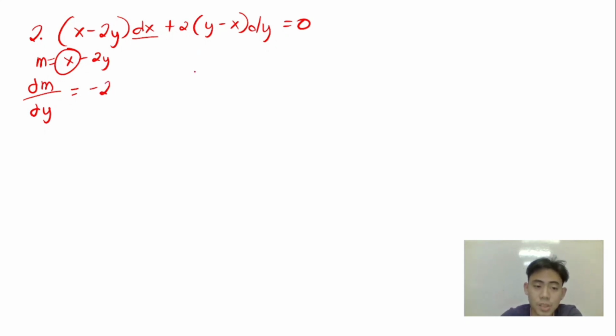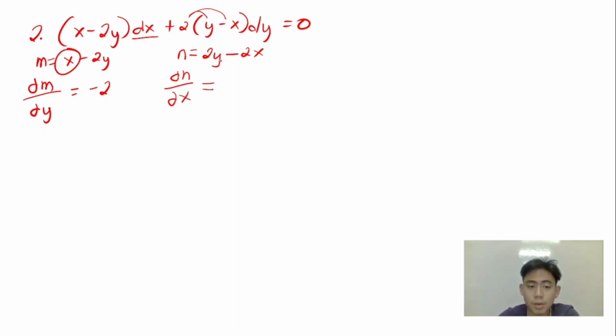Okay? Sa kabilang side naman, ano ang n natin? Ang n, distribute natin itong 2, magiging 2y minus 2x na siya. So, yun yung n natin. Now, we need to identify the partial derivative of n with respect to x, that y is a constant.